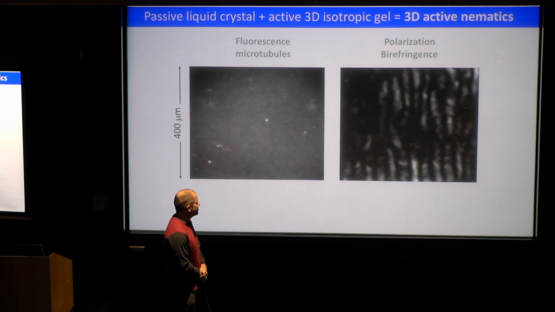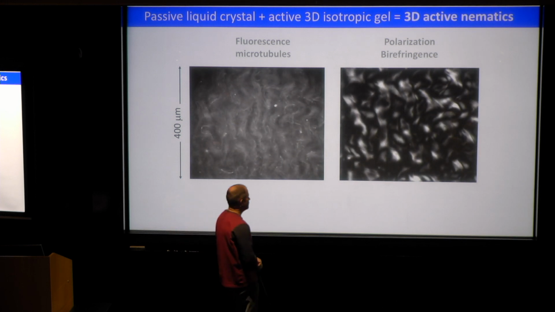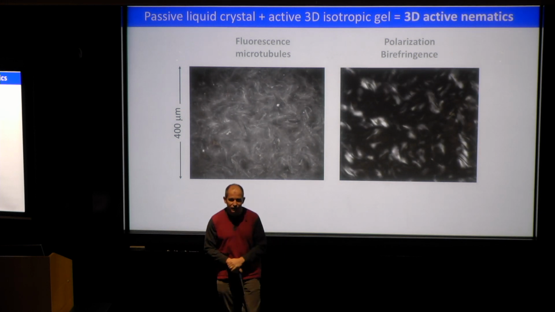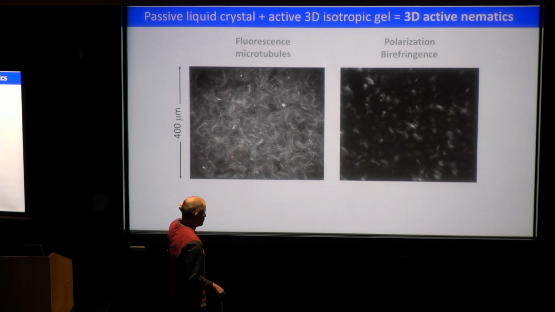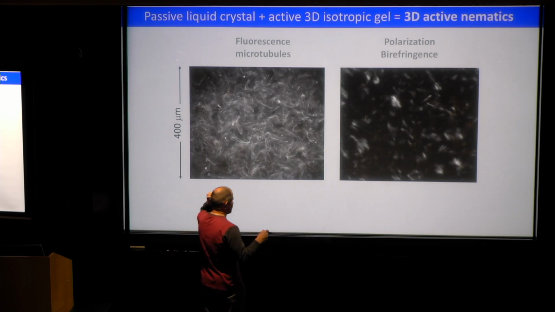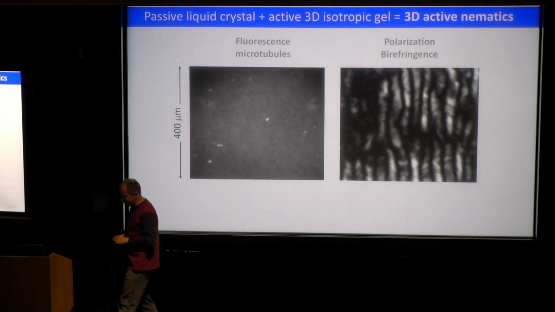And so we were very excited about this for about 24 hours because now we have our 3D active nematic, and then the question is, well, what do you do with this, right? I mean, this is a mess, right? So that's not obvious, right?